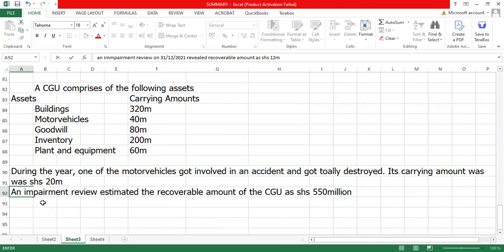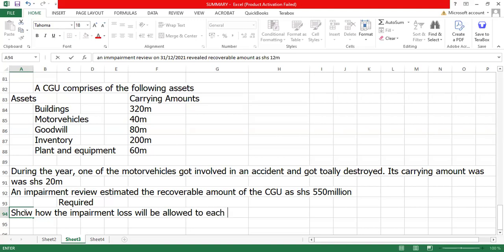Required: you show how the impairment loss will be allocated to each asset in the CGU. 10 marks.